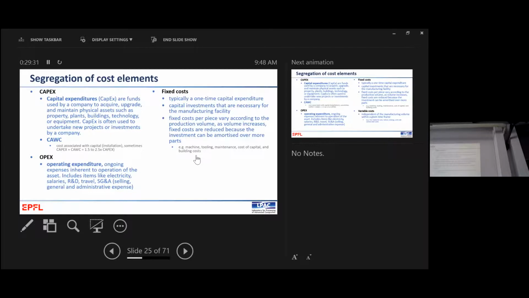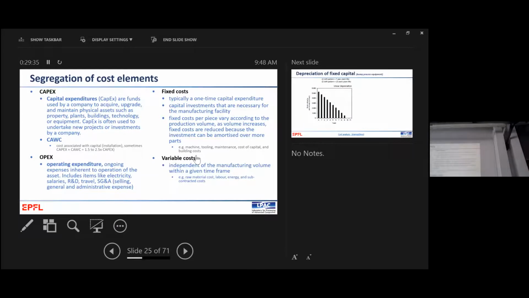The other way of looking at this is fixed costs and variable costs. Fixed costs are typically these one-time capital expenditures. Variable costs are things like materials, which don't vary with your manufacturing volume. But can anyone think of an exception where these variable costs could actually change with volume?